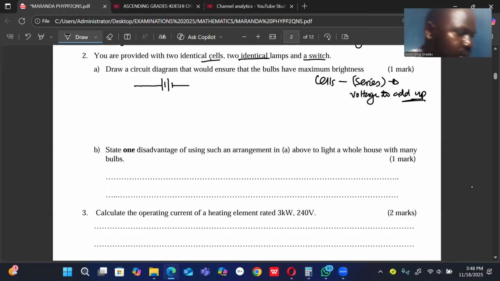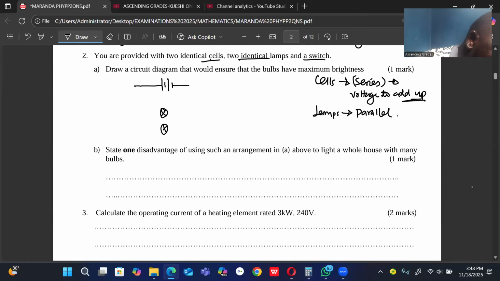Then the second thing is the arrangement of the lamps. We want each lamp to have the same potential difference across it. So the lamps must be connected in parallel. So I'm going to draw my lamps, the first one and the second one, and then make sure that all of them are in parallel.